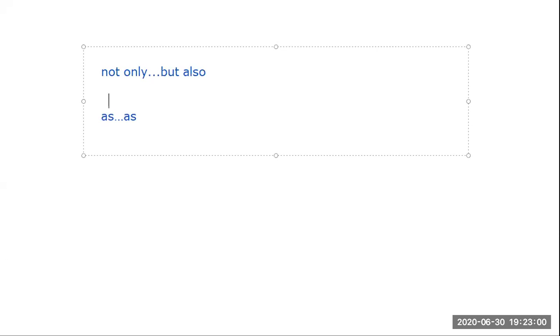But not only and but also can be used with positive statements and negative statements. We can use it at the beginning of a sentence or in the middle. So let's look at a few examples.